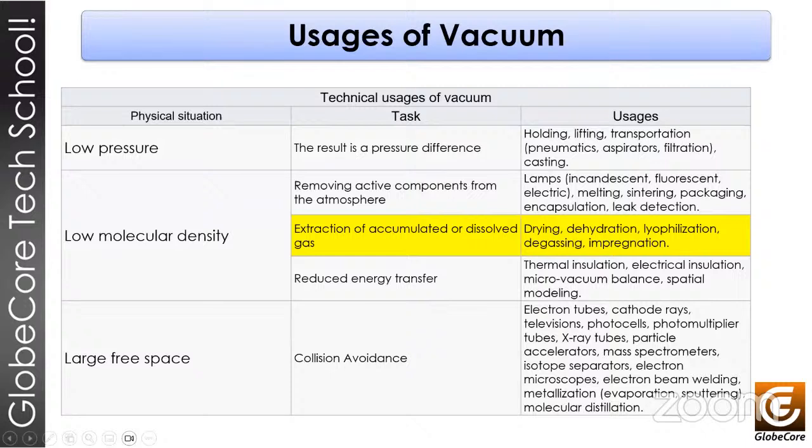The vacuum also plays a really important role in the moisture removal process. On that table, we can conclude the vacuum is used to extract gas and moisture. We can see here the vacuum for low molecular density is used for drying and dehydration, degassing of the polymer, and impregnation of oil in different systems.